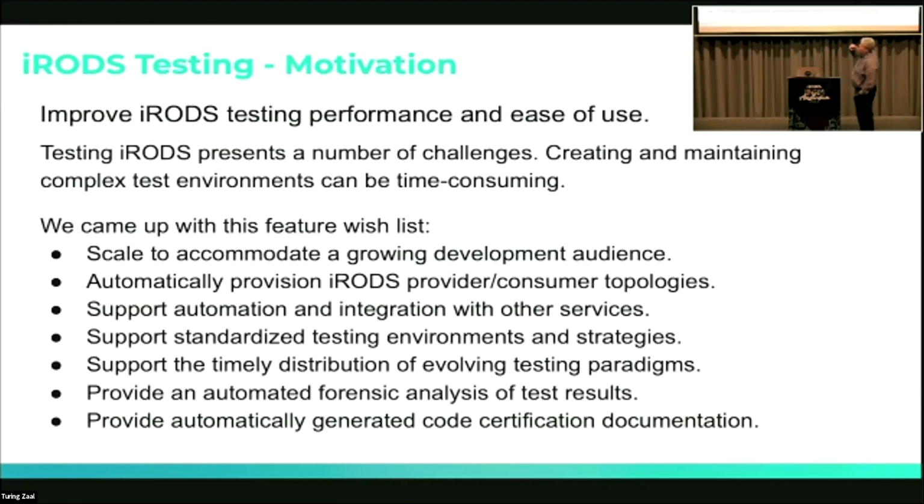So the motivation. Right now, the way testing is done is not very efficient. Virtual machines, I think there is some Docker and some Docker Compose going on. It's still very manual, and it doesn't really scale well. When you consider that iRODS can go onto a number of operating systems and a number of database management systems, you start to develop a matrix.